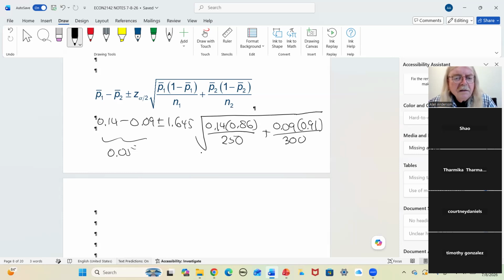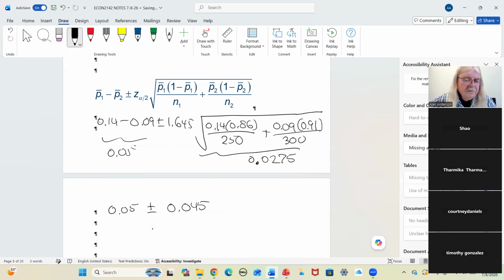All right, I'm getting a standard error of approximately 0.0275, but of course the margin of error requires us to multiply by that 1.645 over here, which gives 0.045.